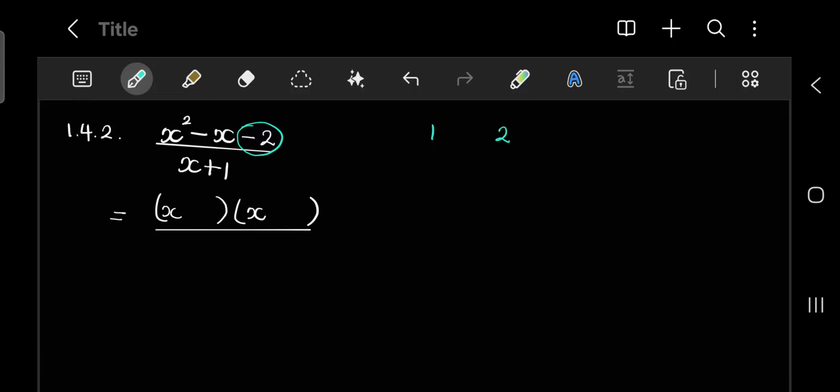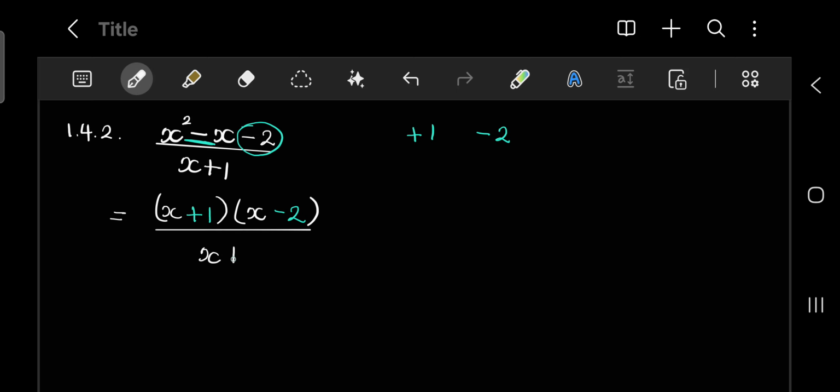So 2 is a prime number, but we are looking for factors that when we multiply them, they give us negative 2, and when we add them, we get negative 1. So I'm going to go with a positive 1 and a negative 2. And that's what I'm going to fill in each bracket. First bracket will become x plus 1. Second bracket is x minus 2.